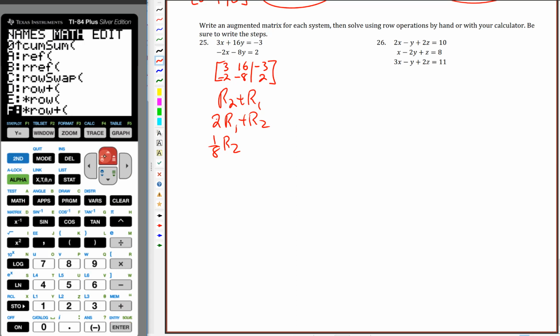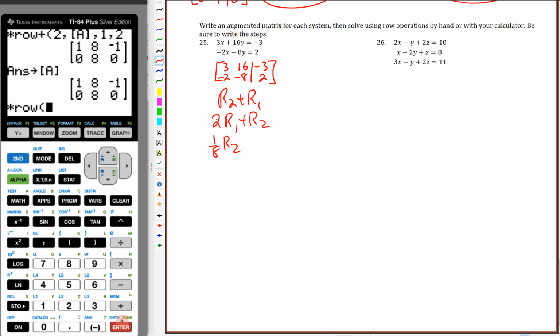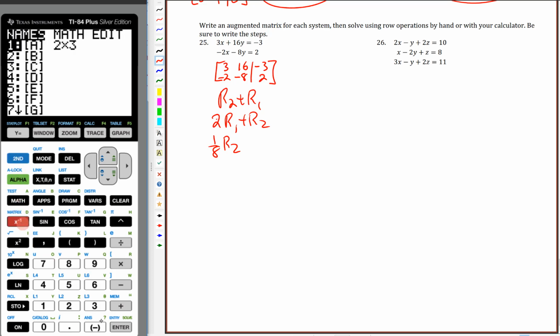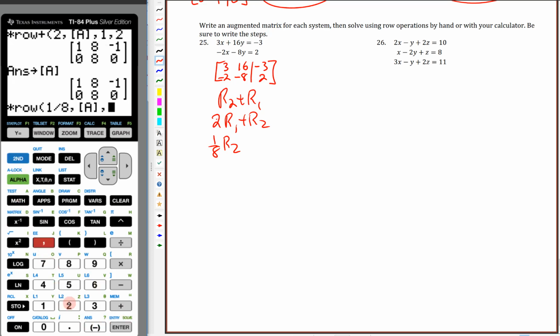So matrix math, hit the up arrow, grab the times row. We're going to multiply by 1 divided by 8, comma, in the matrix A. And we're going to multiply by row 2. Hit enter. Okay, now that did what we want, so we're in good shape. So again, we'll recall that store command. Store that, and we've got that one.